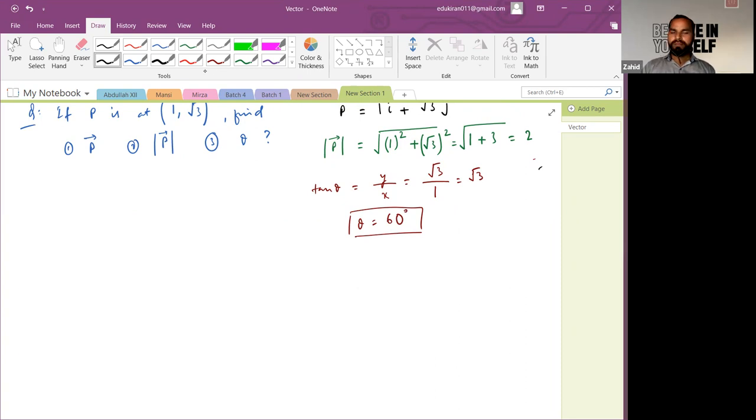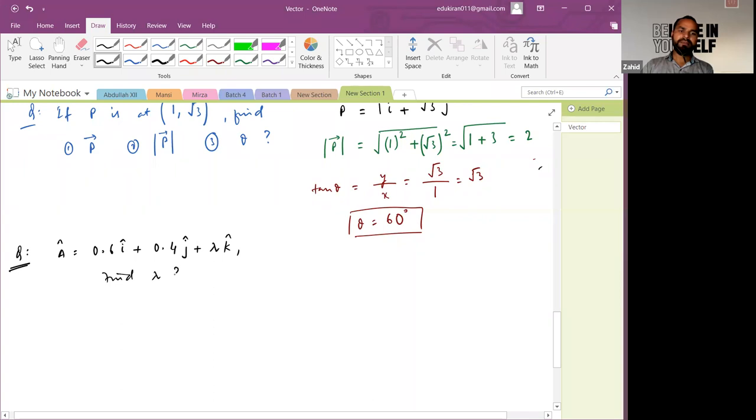So this is all about representation of a vector, how we represent any vector and define magnitude and so on. I'm giving you one more problem related to this. Let's say A cap is equal to 0.6 i cap plus 0.4 j cap plus lambda k cap.